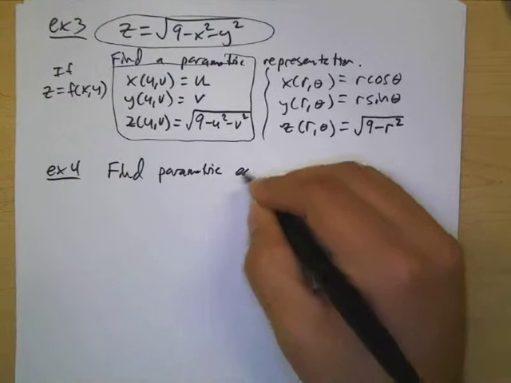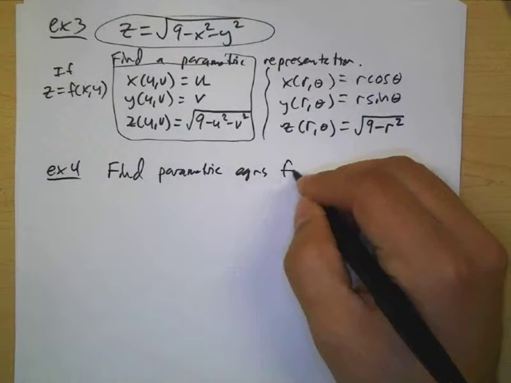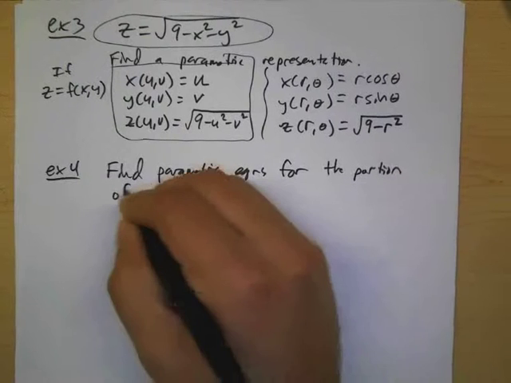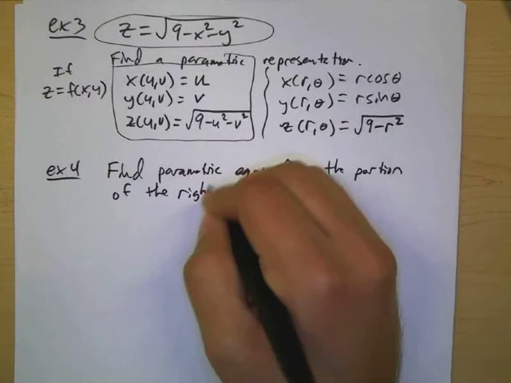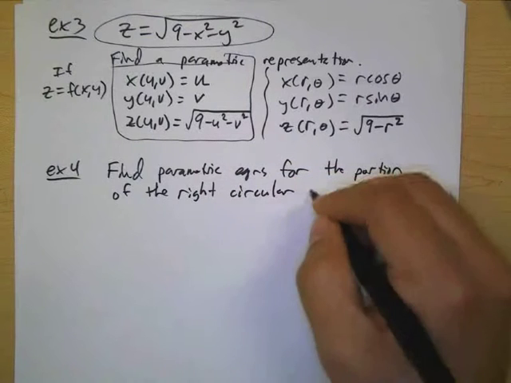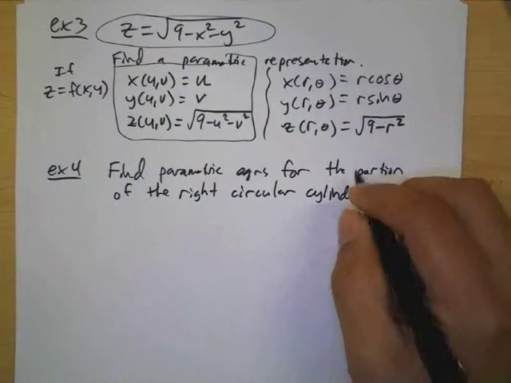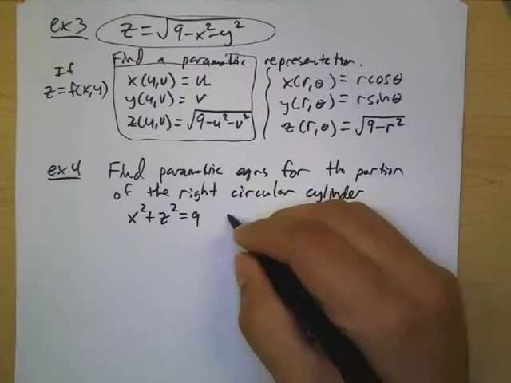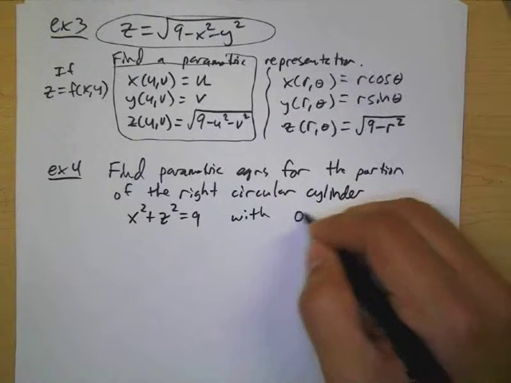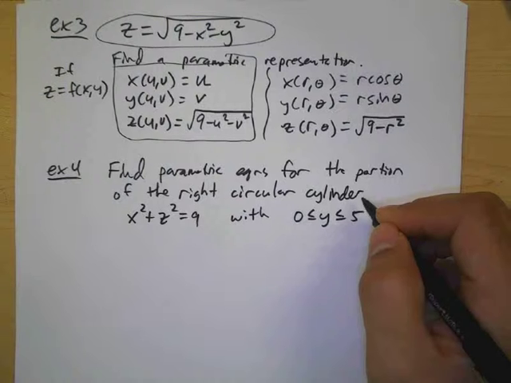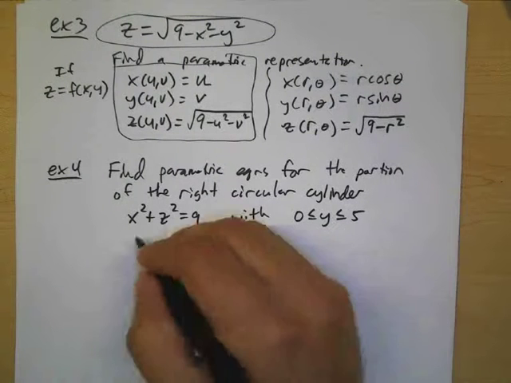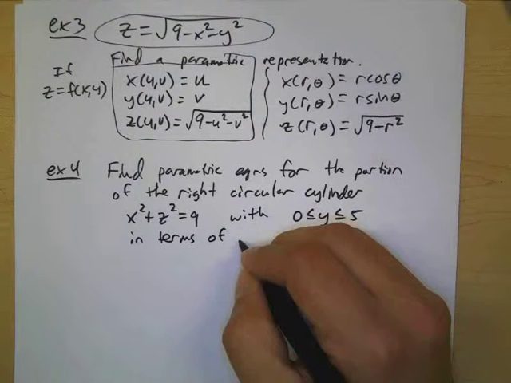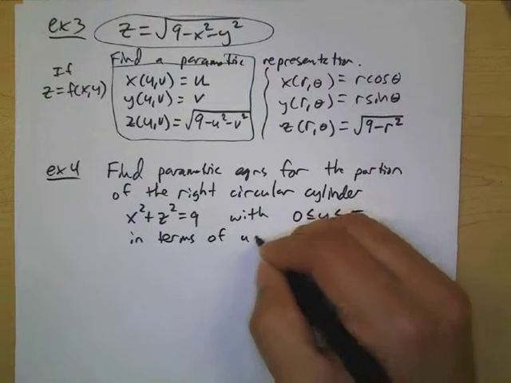Find parametric equations for the portion of the right circular cylinder x squared plus z squared equals 9 with y between 0 and 5 in terms of u and v as shown.